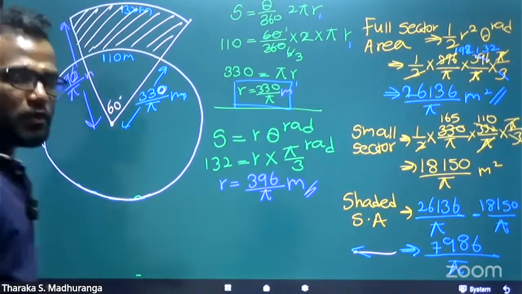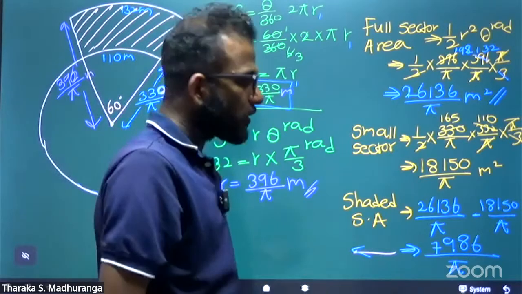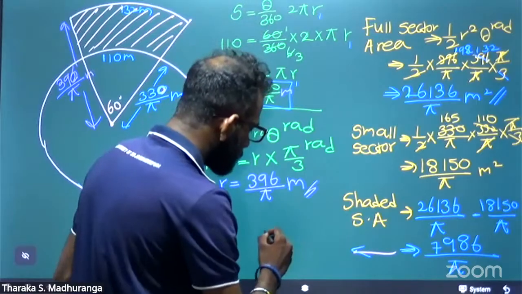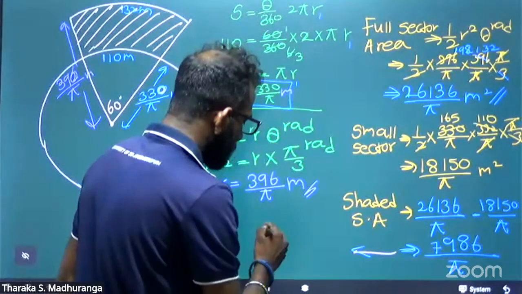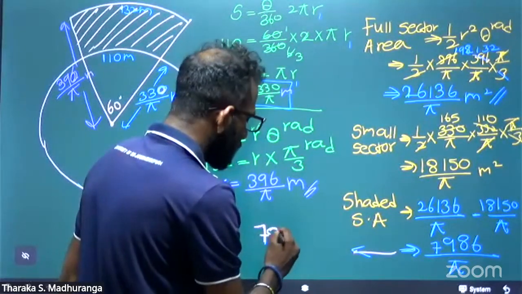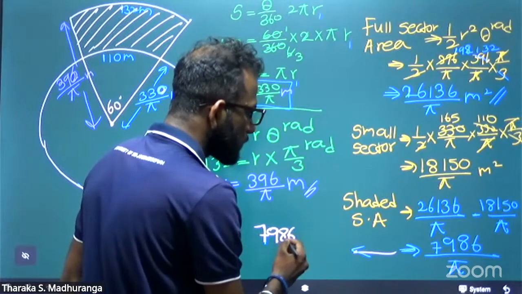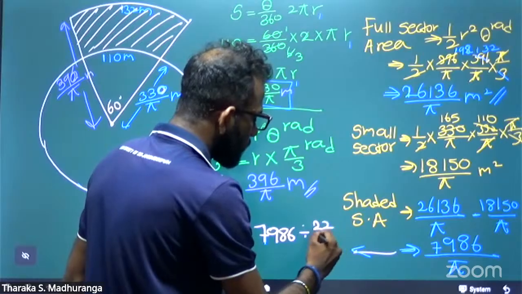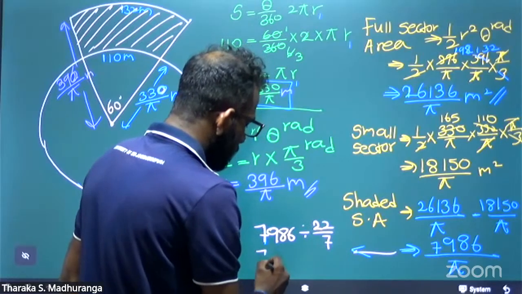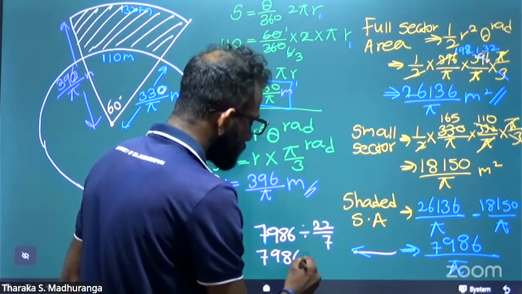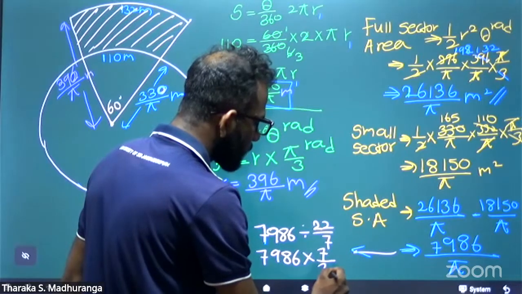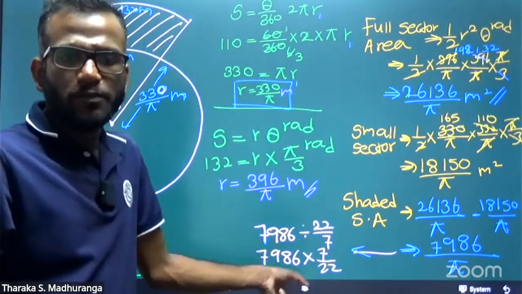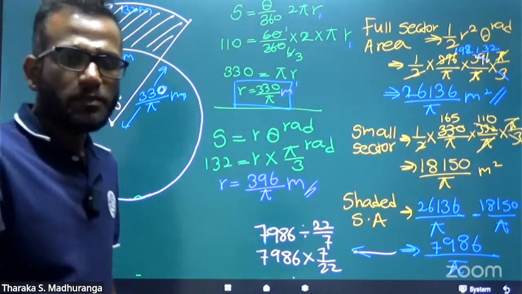If you want, you can directly divide by 5 using a calculator. If not, you can take 7,986 divided by 22 over 7, which is 7,986 multiplied by 7 over 22. Any method, multiply by the reciprocal.